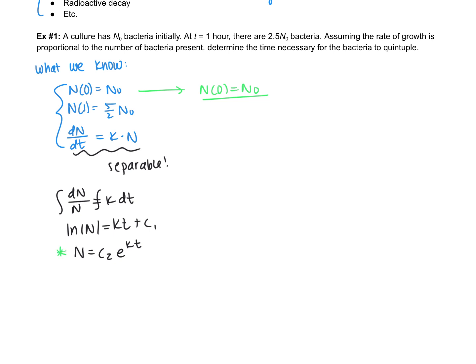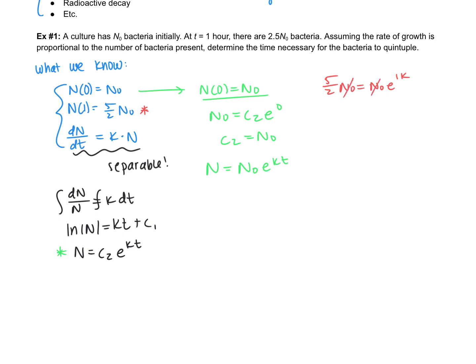Using the solution we came up with, we get N0 is equal to C2 e to the 0. So C2 is N0. So now we have N is equal to N0 e to the kt. Then we're going to use our other condition, this second one. So we get 5/2 N0 is equal to N0 e to the 1k.